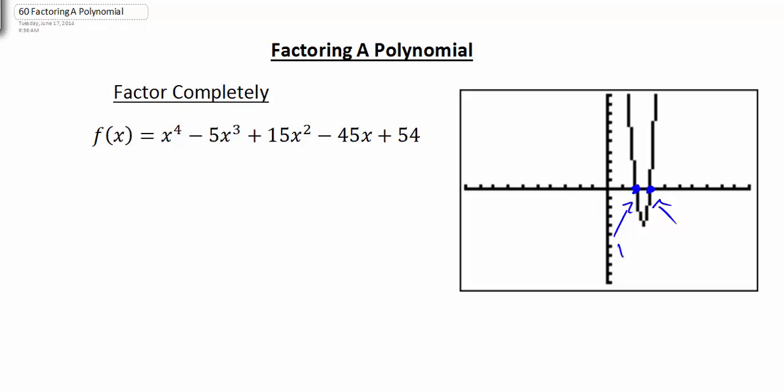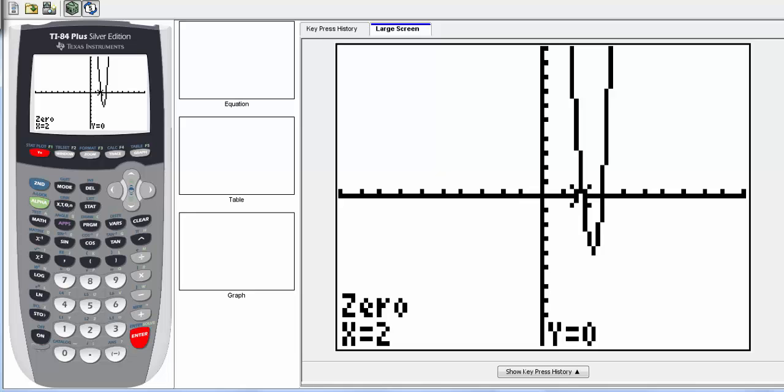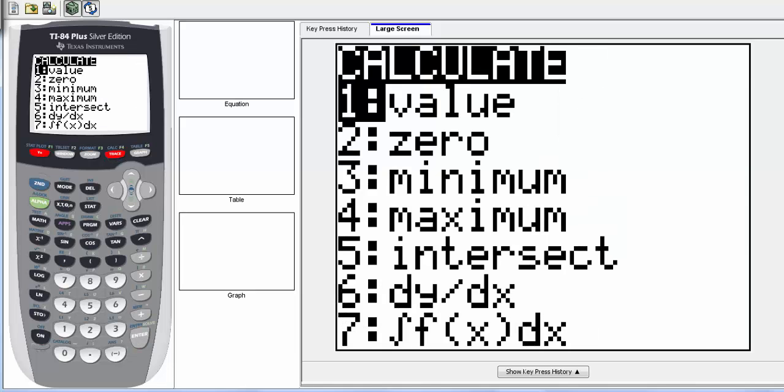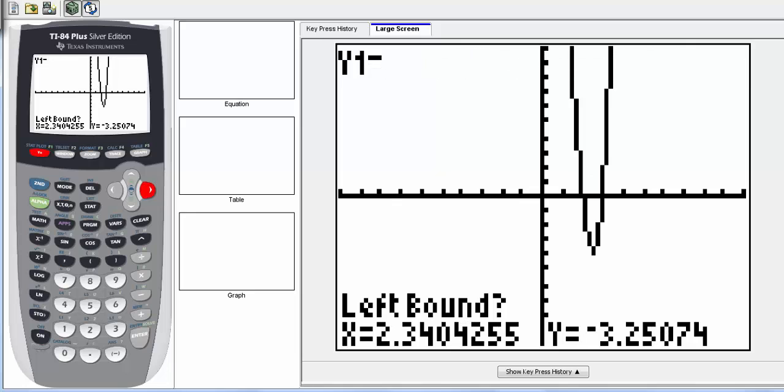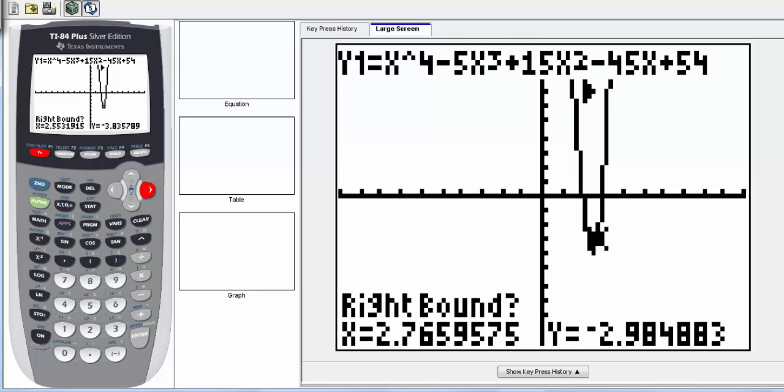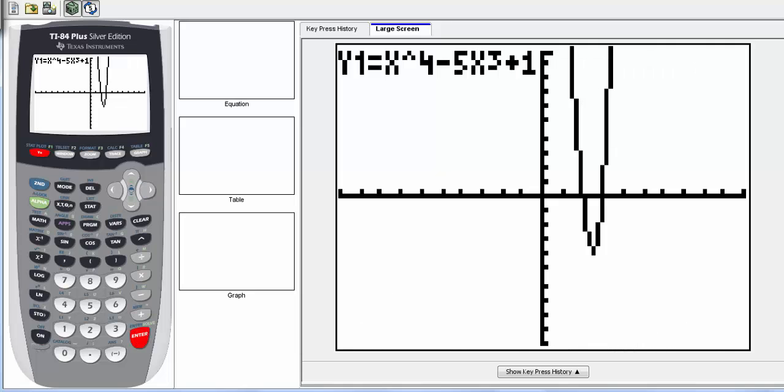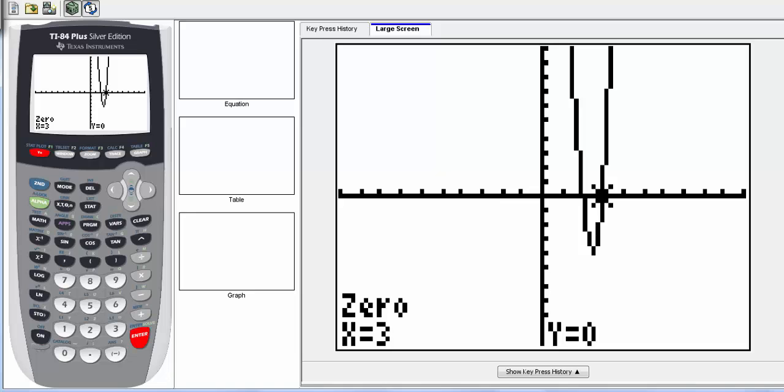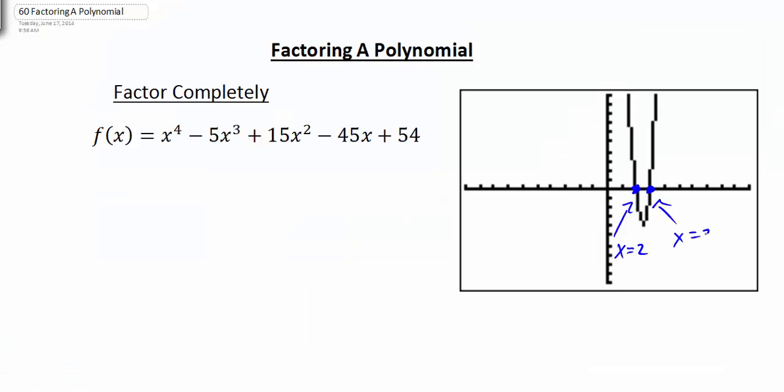Then we find the other one: second trace, zero, set the left bound and right bound, and guess. We get x equals 3. So here we have x equals 2, x equals 3. Now we know that there should be a total of 4 zeros. That means that we have 2 real zeros, and most likely the other 2 are going to be complex.